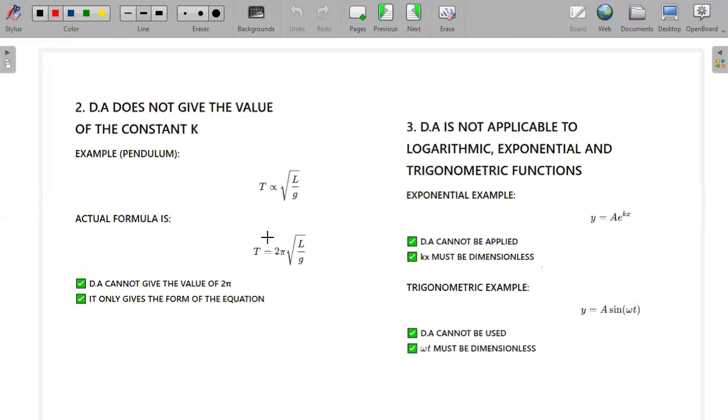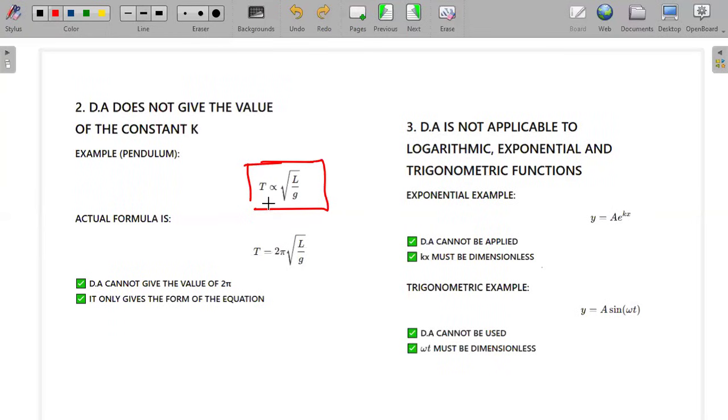The other limitation is this one here, and I've also written the third one here. We're saying dimensional analysis does not give the value of the constant. For example, if you want to derive the equation of the pendulum and the period, you have something like this: T is proportional to the root of L over g. This symbol here is called a proportionality symbol.